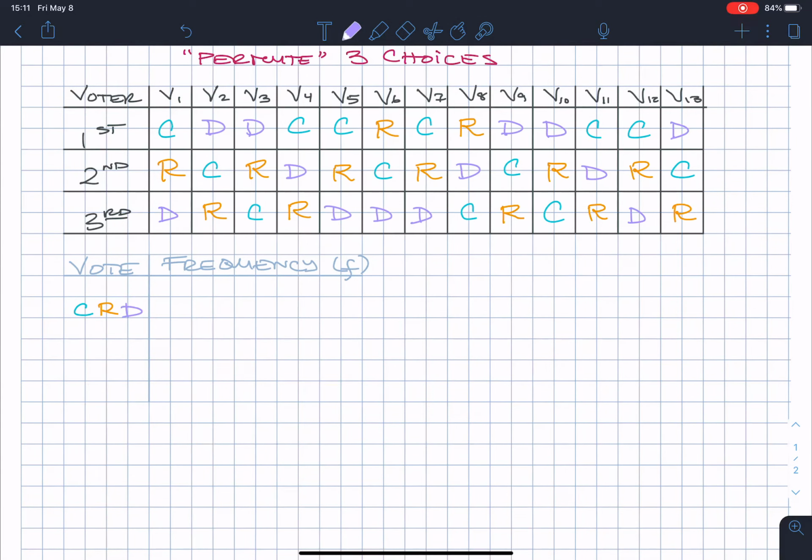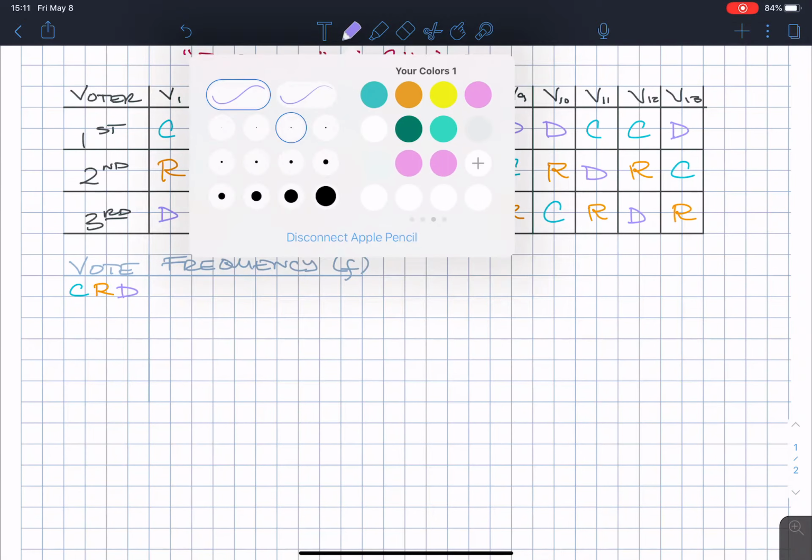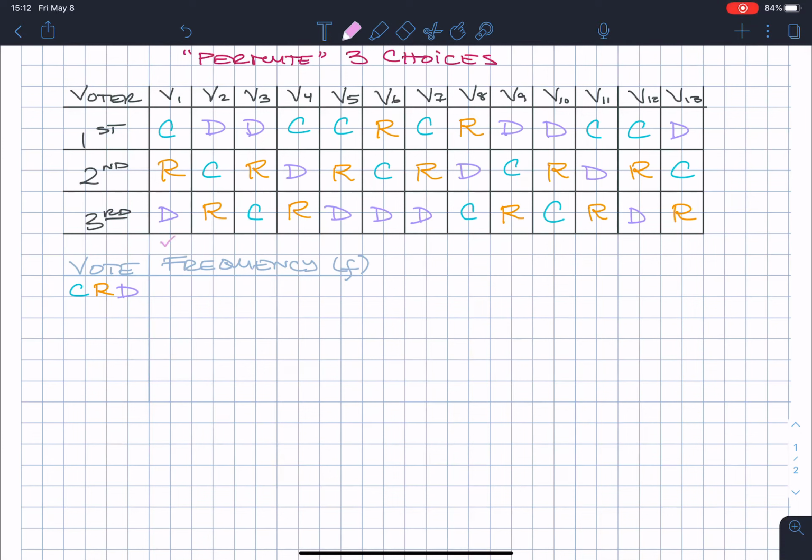Voter 1, voter 5, voter 7, voter 12 have cats, rabbits, dogs. So it appears as though I have 4 of those.